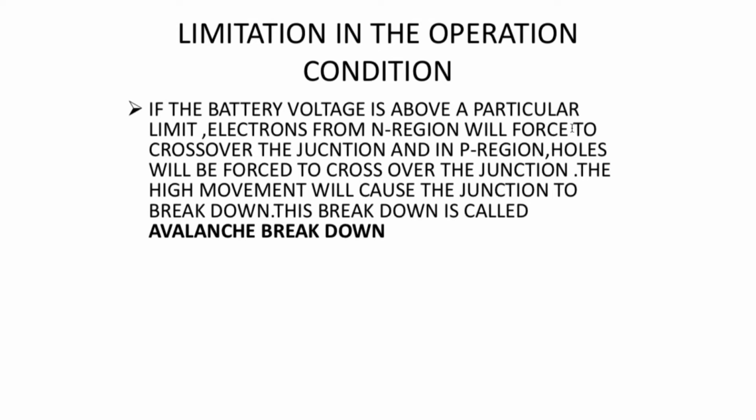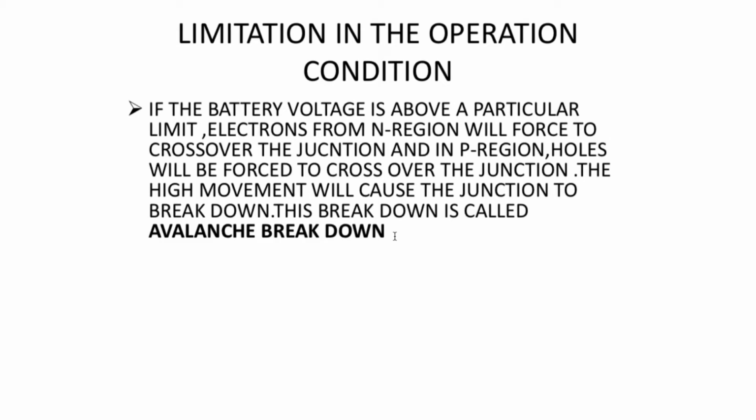If the battery voltage is above a particular limit, electrons in the N region will be forced to cross over the junction, and in the P region, holes will be forced to cross over the junction. The high movement will cause the junction to break down. This breakdown is called avalanche breakdown.